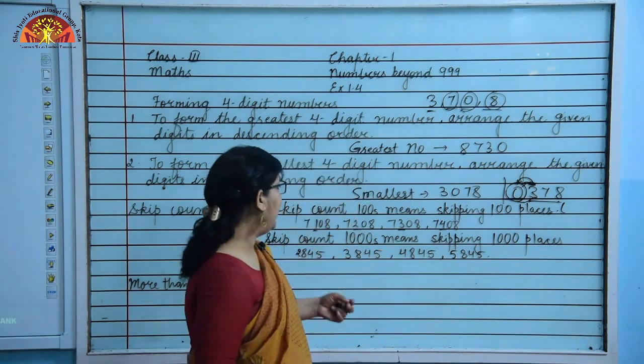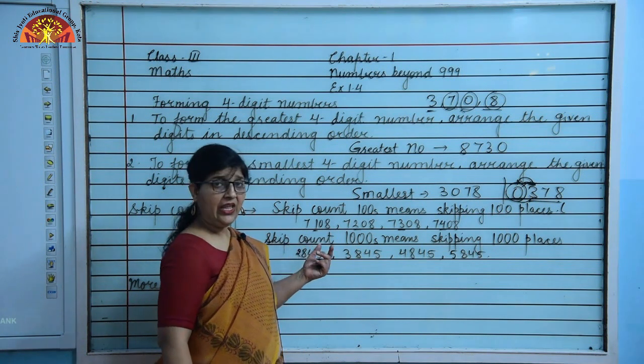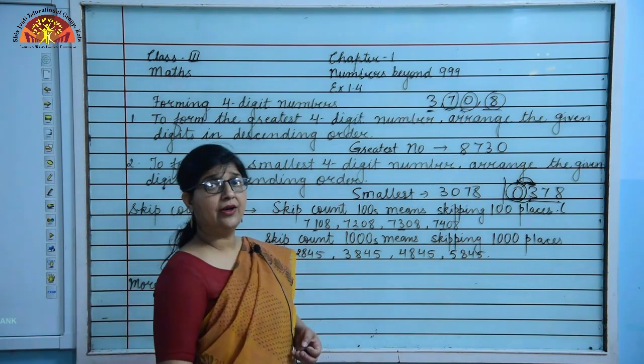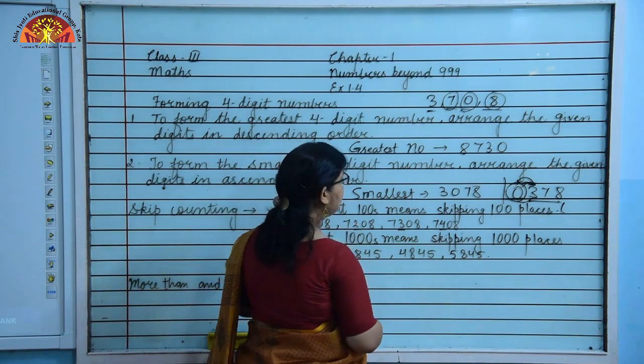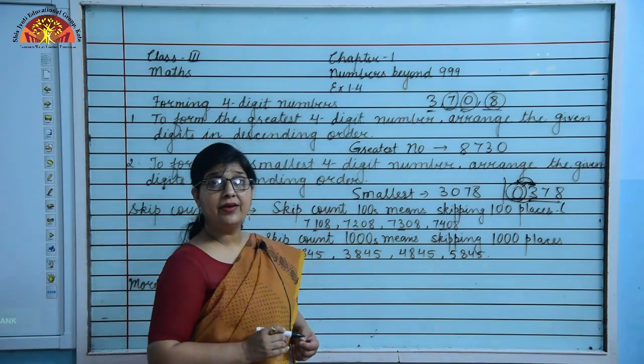Now we will discuss here skip counting of hundreds and thousands. Skip counting hundreds means skipping the 100 place.